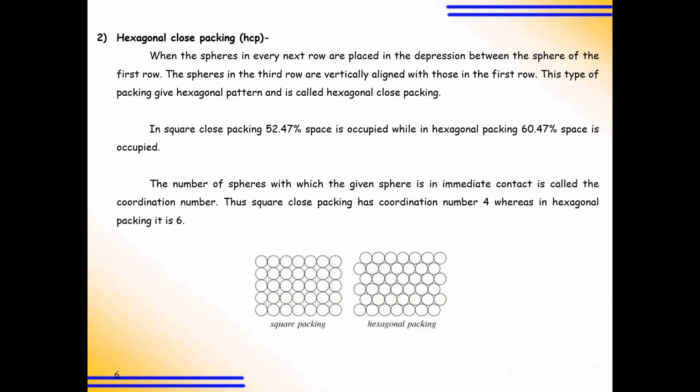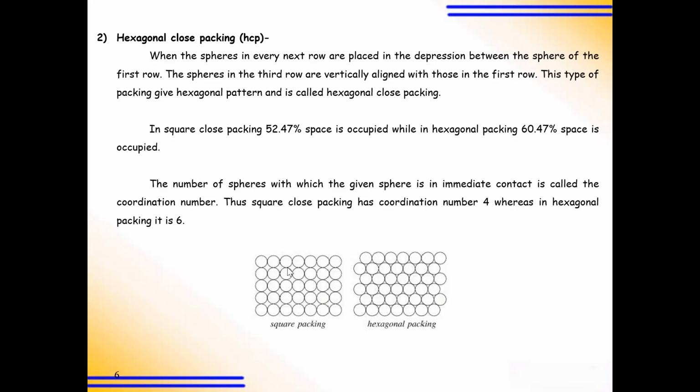So in a hexagonal close packing, when the spheres in every next row are placed in the depressions between the spheres of the first row, the spheres in the third row are vertically aligned with those in the first row, right? So this type of packing gives a hexagonal pattern and is called the hexagonal close packing.